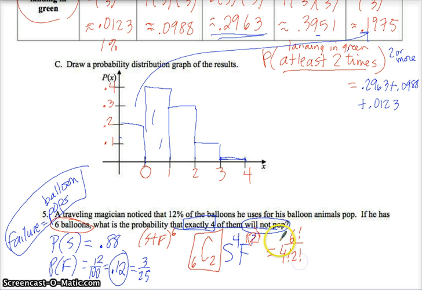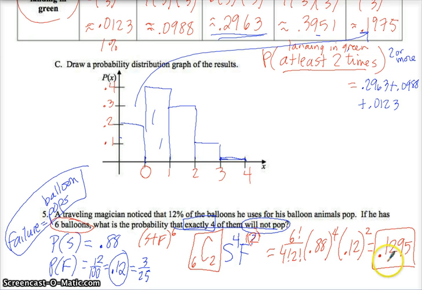You can use your calculator and just punch in 6 choose 2, or you can do the formula. But then you have 0.88 as my success, I have 0.12 as my failure, so I get approximately 0.1295. So what is the probability that exactly 4 of them will not pop? That's about a 13% chance that 4 of them will stay inflated and will not pop.